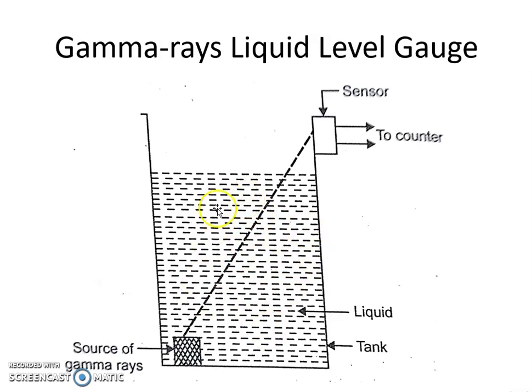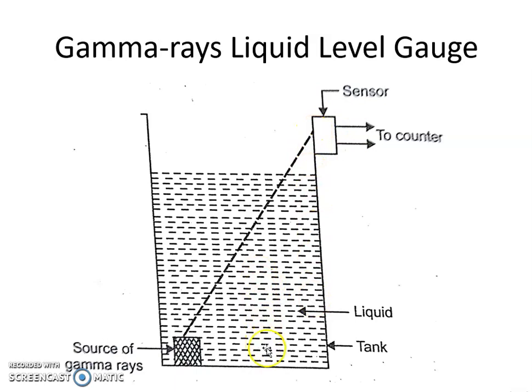When there is no liquid in the tank, the source emits gamma radiations and the detector detects them with full intensity. Almost the intensity of emitted gamma rays will be the same as the intensity of received gamma rays.